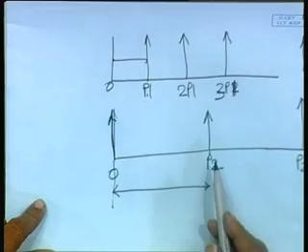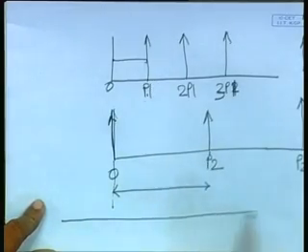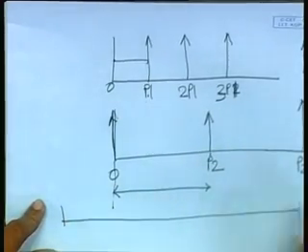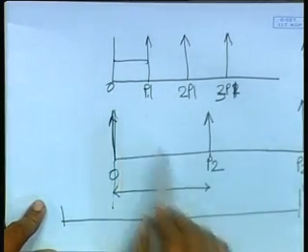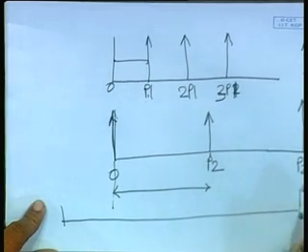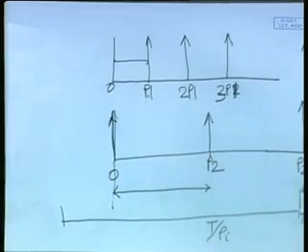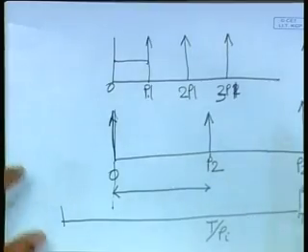In other words, we must store the table up to a time such that all the periods divide this time. If we store up to t, then t by Pi should be an integral number, and the lowest that we can do is the LCM, the lowest common multiple of all the periods.